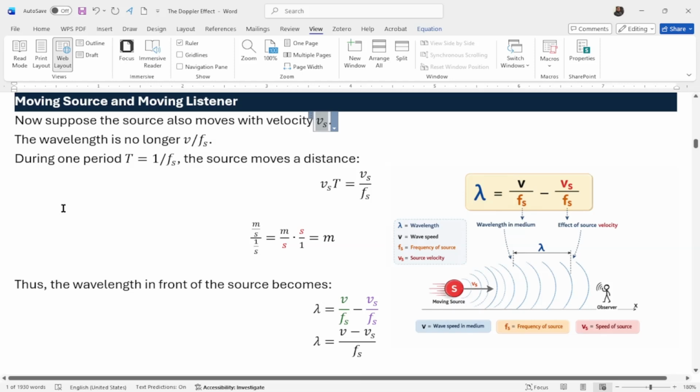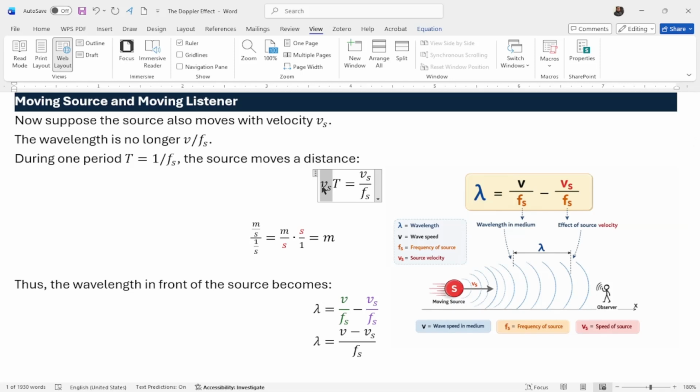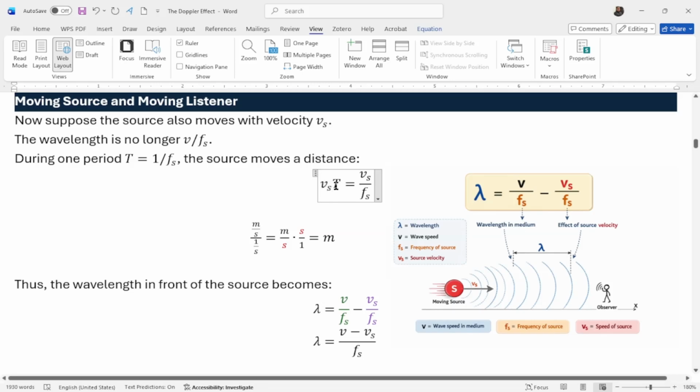During one period, which is 1 over f sub s, the source moves a distance, and that is denoted by this equation. So now take a look at this equation. We have here the velocity of the source, for example, in our previous example, the velocity of the ambulance, being paired with the period, and that is equal to V sub S over f sub S.